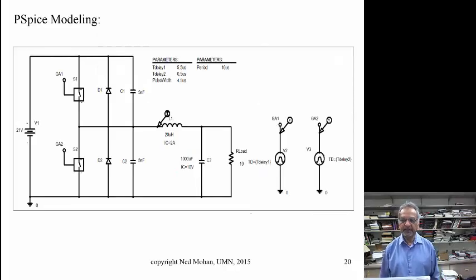So we can model this in PSpice, and if you look at the laboratory we have developed along with this first power electronics course, there is an experiment, a simulation, that talks about this.